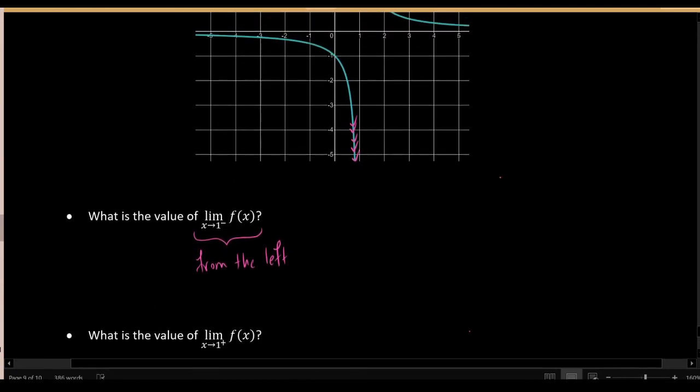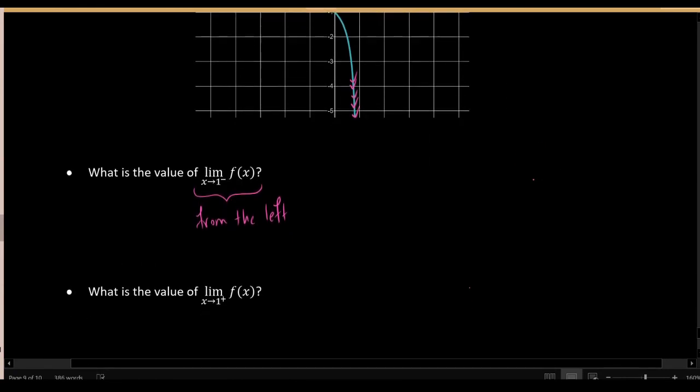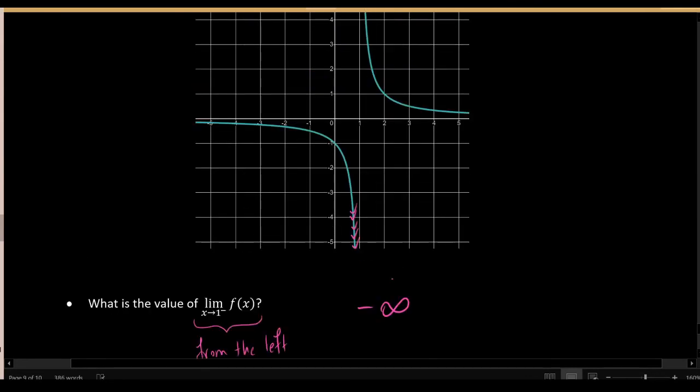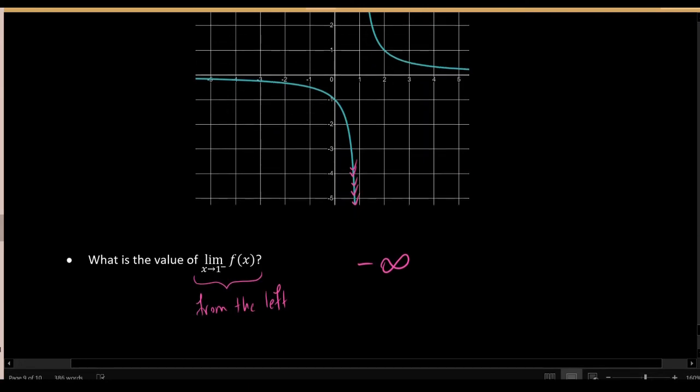They're not pointing toward any fixed y value. So what we would write is that the limit as x approaches 1 from the left side is negative infinity. As we get closer and closer to 1 from the left direction, the y values just keep getting smaller and smaller and smaller. So the limit from the left side is minus infinity.